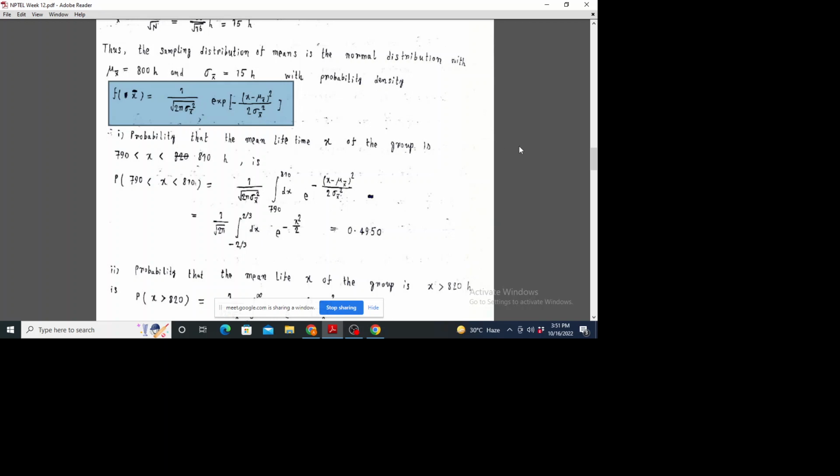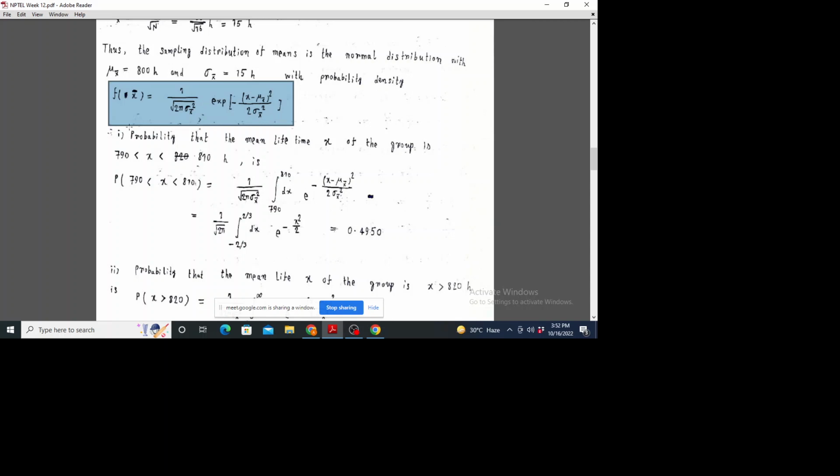Now, given this probability density, we have to find the various probabilities. That means we have to integrate within some specific regions of the values of the random variable x. So we have reduced the probability density for the sampling distribution to this one.